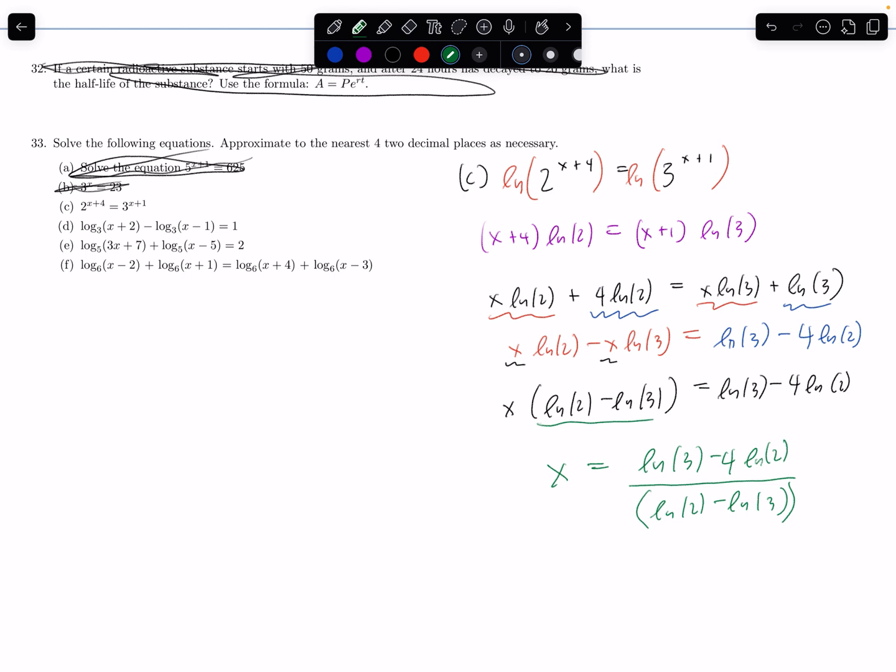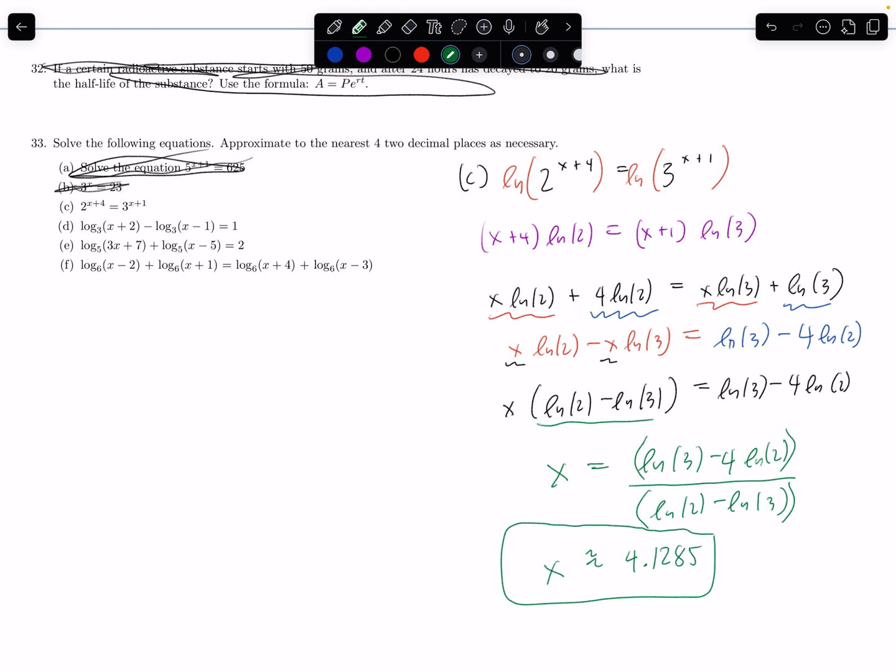And actually, if you're doing this in one single step, you should also have parentheses on the top. Otherwise, when I punch this into a calculator, I just hit enter once after I do the numerator, and then I divide. Make sure you have the parentheses when you do that division. Okay, and I get x equal to approximately 4.1285.